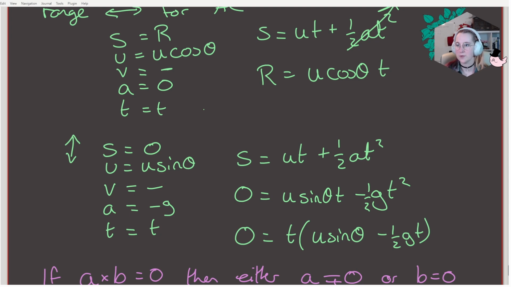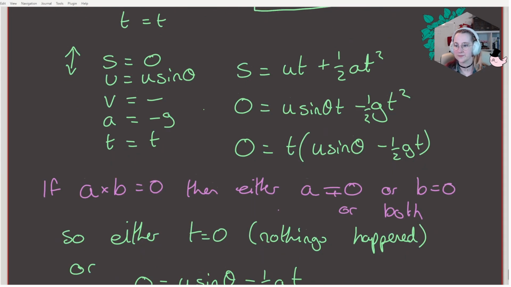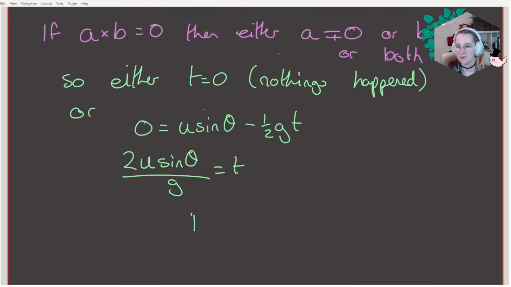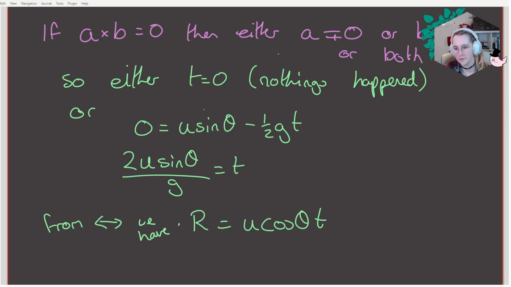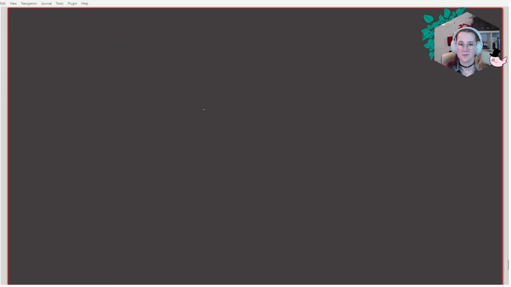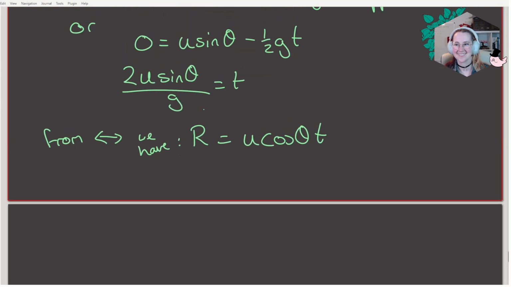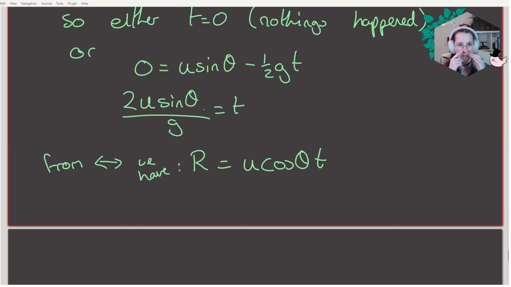But if you remember, we also have this equation. So we have R is u cos theta t, from the horizontal. So we can plug one into the other, okay?